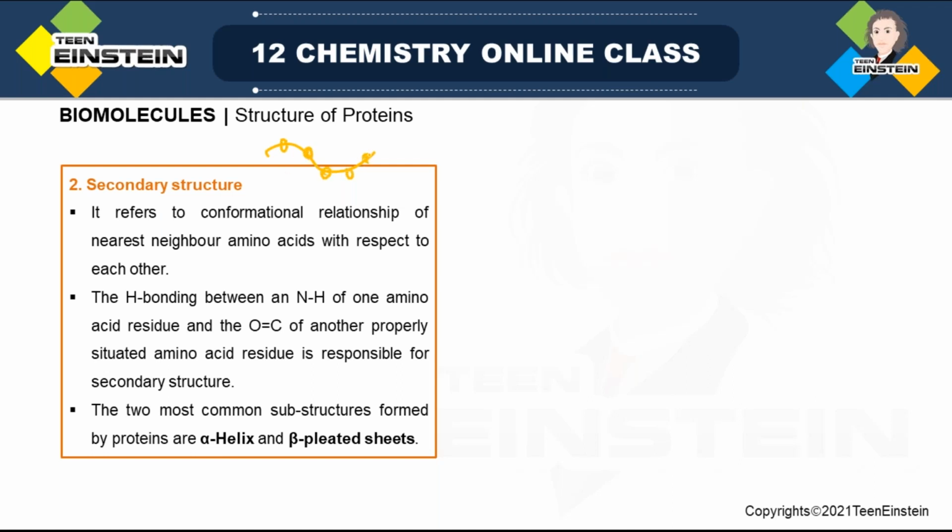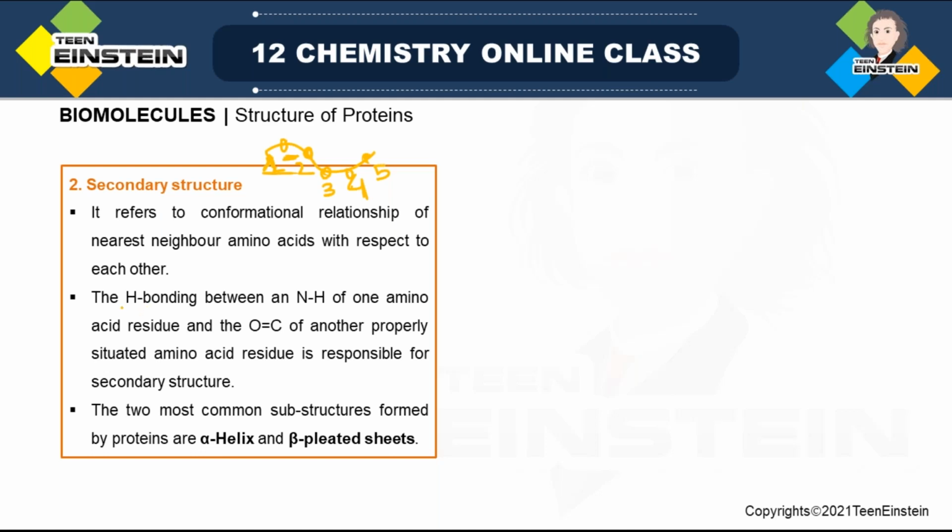Suppose this is amino acid 1, 2, 3, 4, and this is 5. Now what is the conformational relationship? The relationship of 1 with 4 or 1 with 5, that is, whether they are close to each other or not. All this information we can get in secondary structure, that is, the conformational relationship of nearest neighbor amino acids, how they are placed compared to each other.